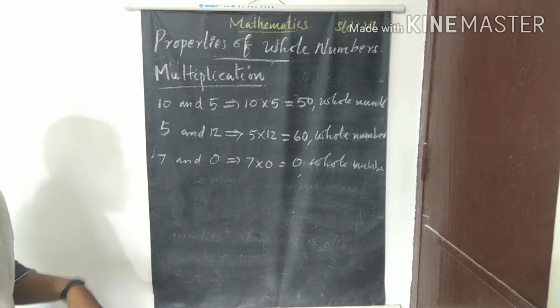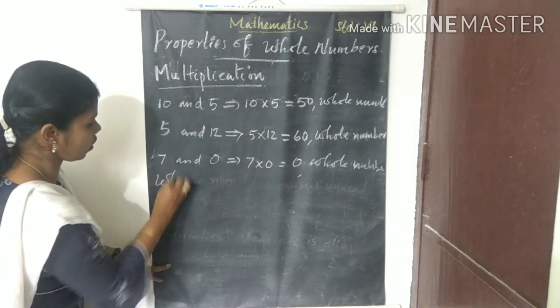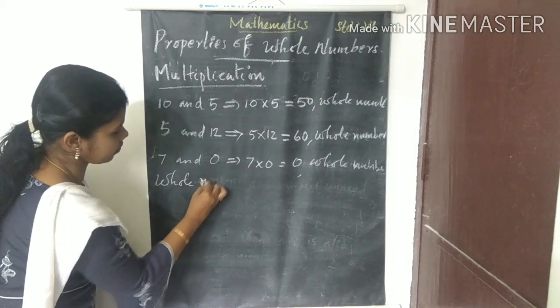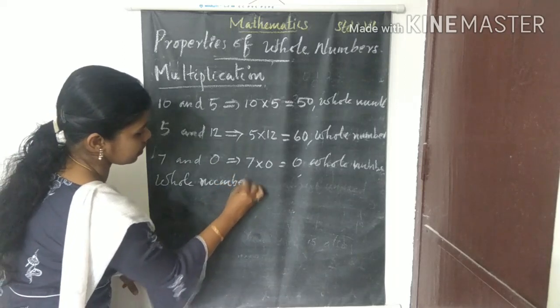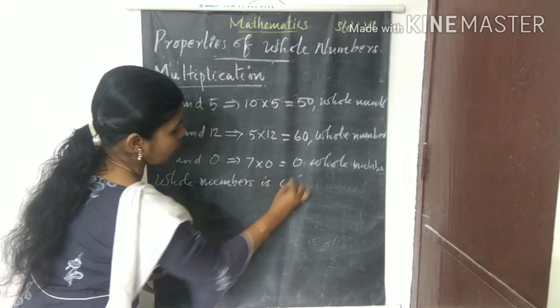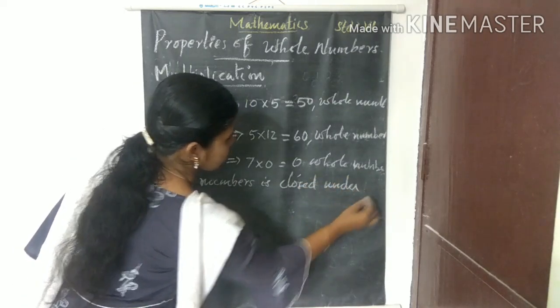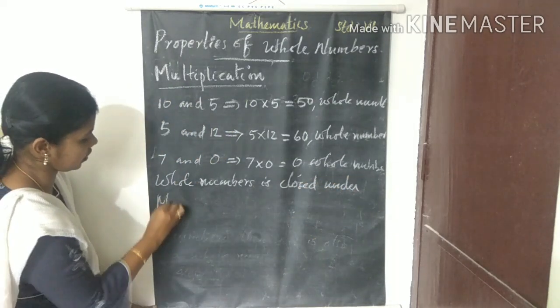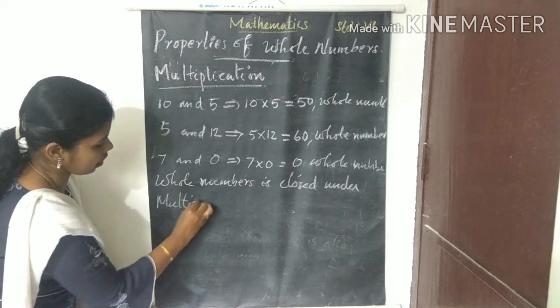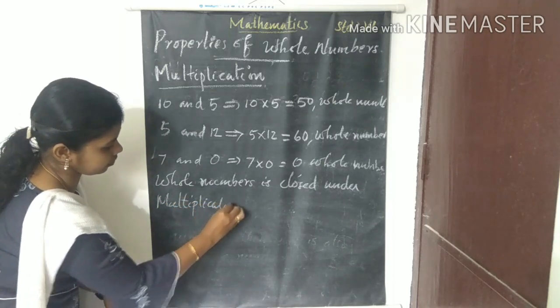So whole numbers are closed under multiplication.